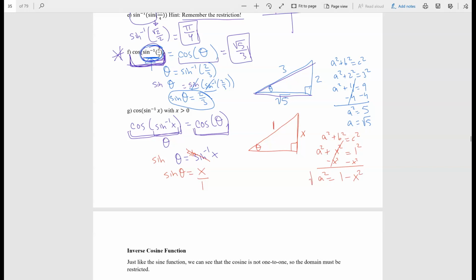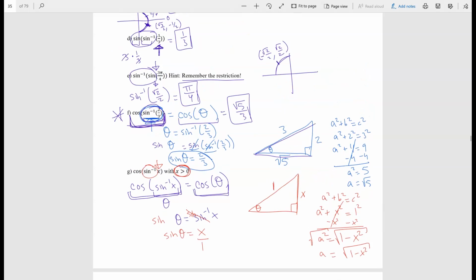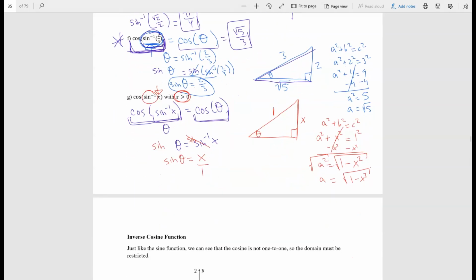Take the square root. Okay, so you're going to get a is equal to, okay, so is it positive or negative? Well, remember that we want x to be positive. And if x is positive, that means that the angle is going to be in quadrant 1. So this guy should be positive. Okay, so now all we got to think about is, well, this guy is going to be square root of 1 minus x squared.